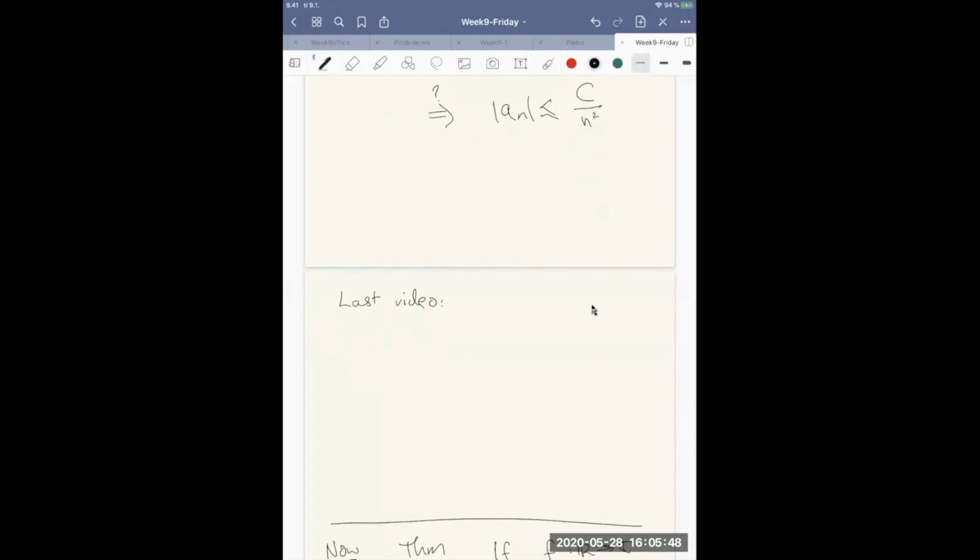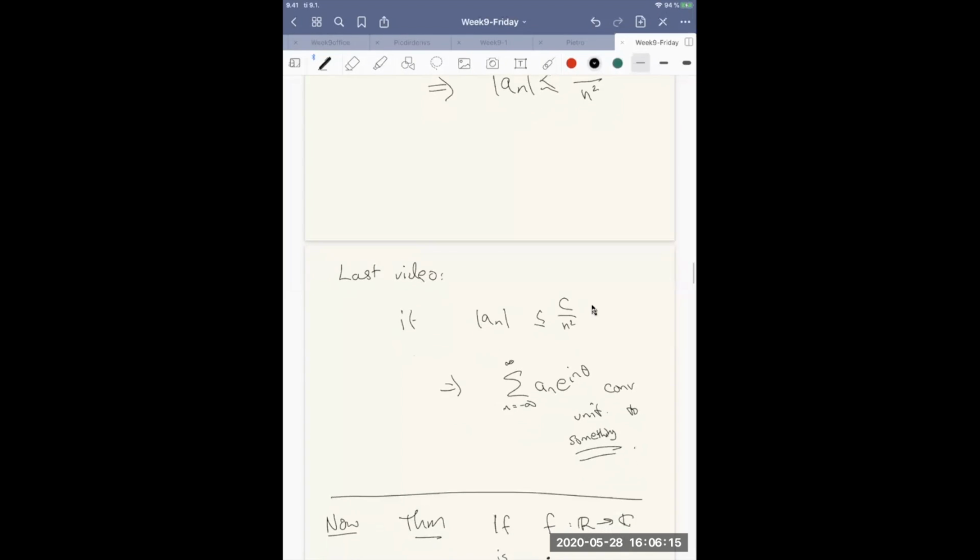So in our last video, we said that if the absolute value of a_n is less than C over n squared, then the series a_n e^{inθ} converges uniformly to something. We're not saying anything yet about what that something is.